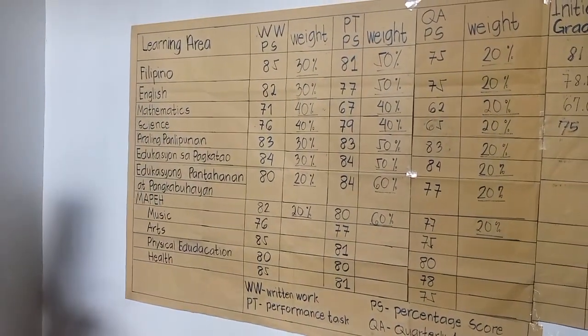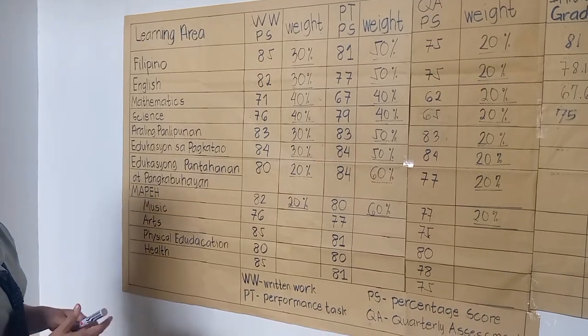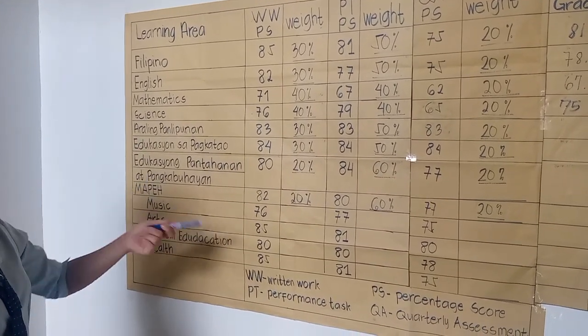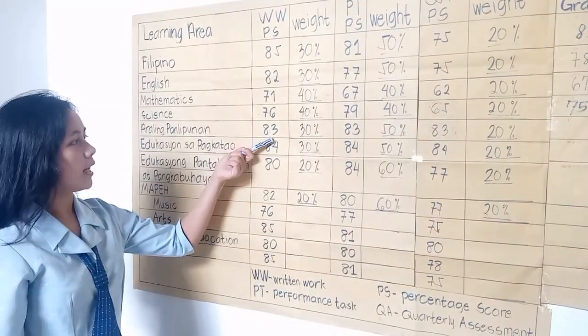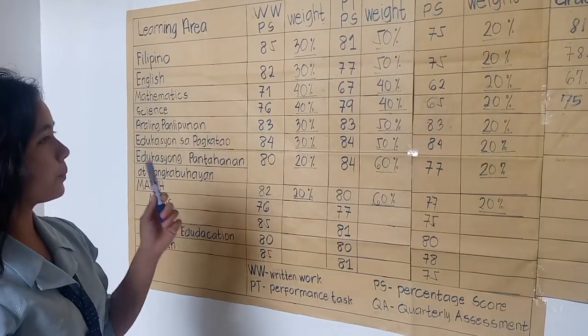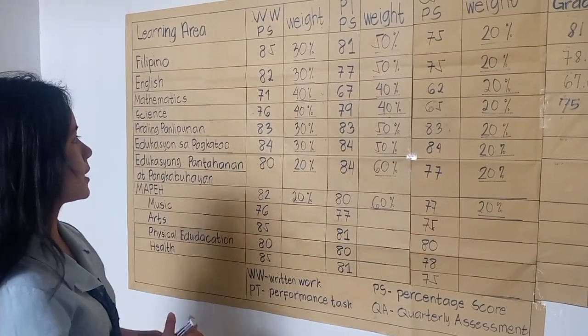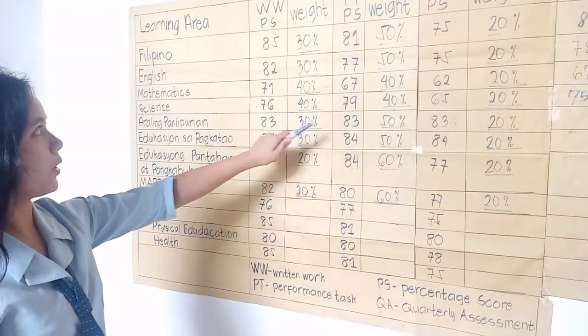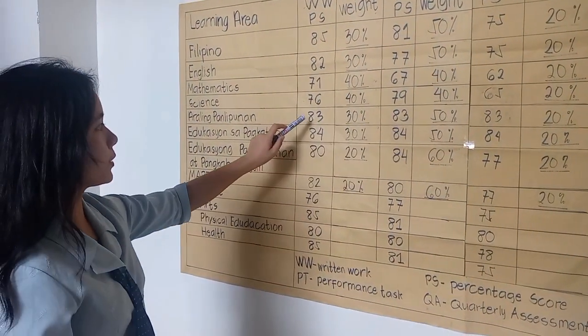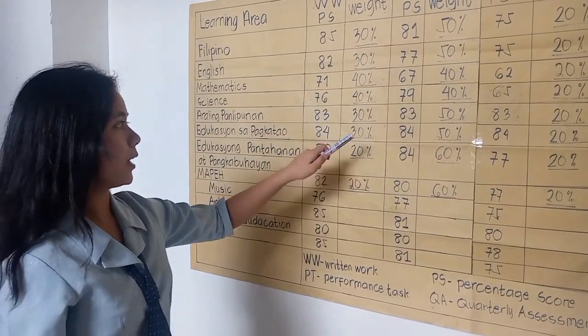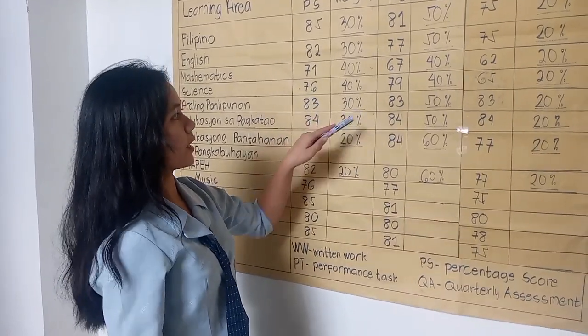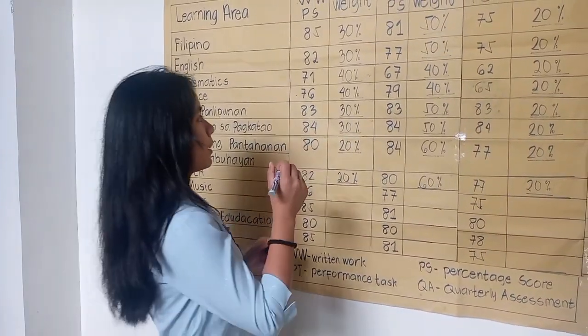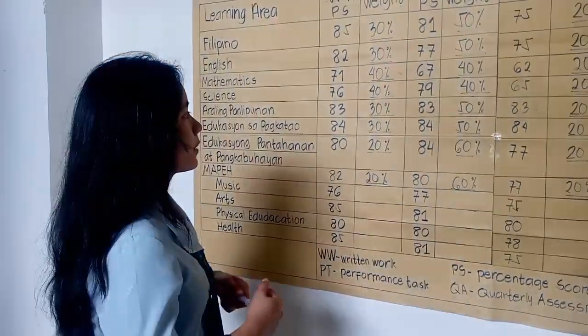Next is Araling Panlipunan. The percentage score of written work is 83. And then the weight of the component based from the table is 30%. To get the weighted score, multiply the 83 times 30%, it equals 24.9.